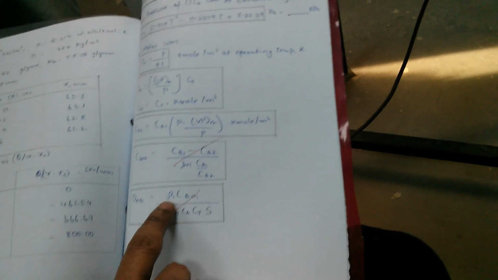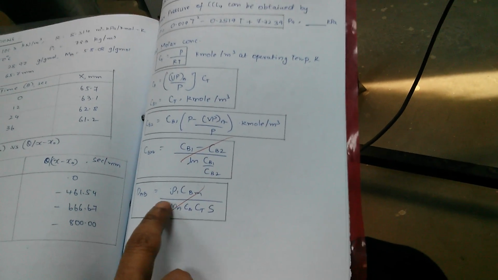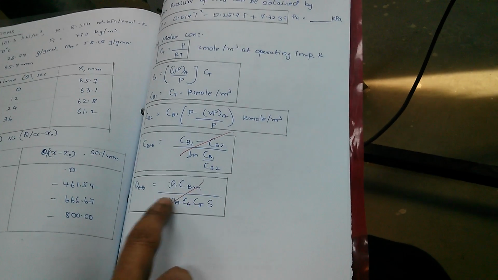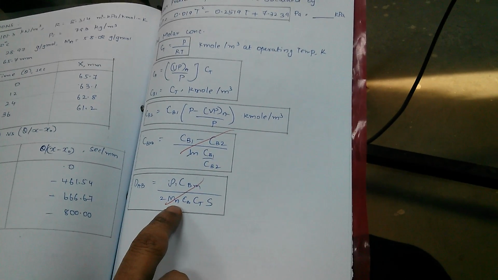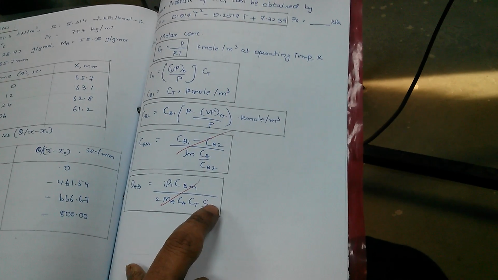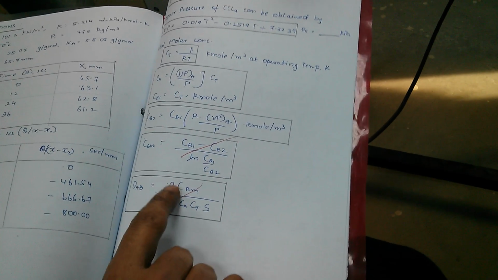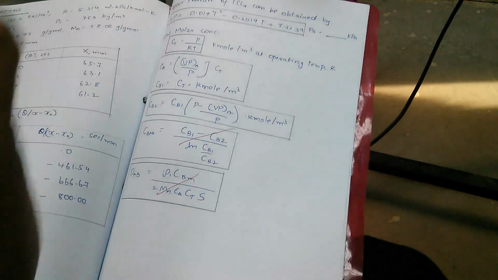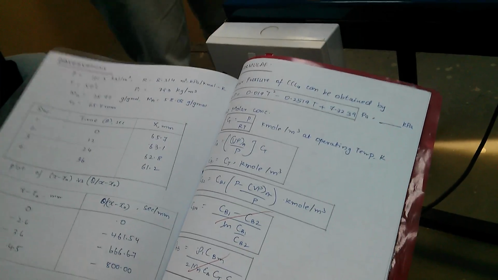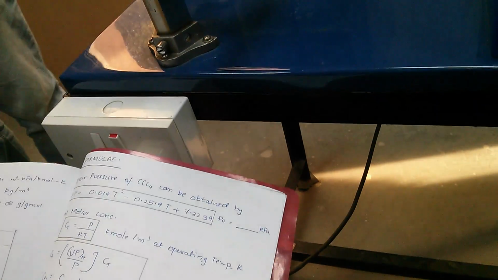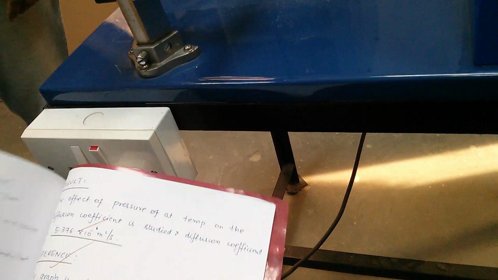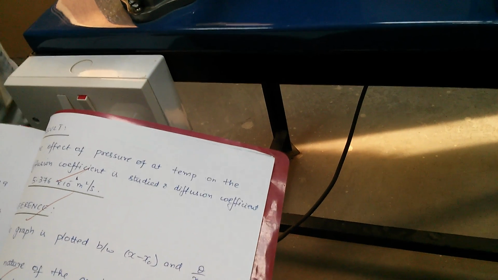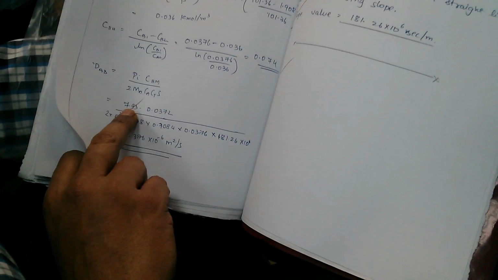The relation is rho 1 multiplied by CBM divided by 2 into MA into CA into CT into S. Rho 1 is the density of acetone, and that value will be given to you. It is 793.